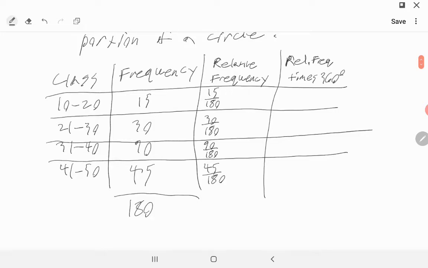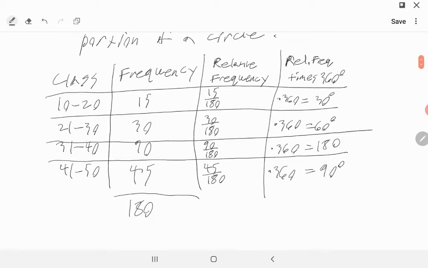We're going to get 15 180ths times 360 equals 30 degrees. If we take 30 180ths times 360, we're going to get 60 degrees. 90 180ths times 360 is going to give us, nope, 180 degrees. You have to be careful. That's better. And then if we take 45 180ths times 360, we're going to get 90 degrees.